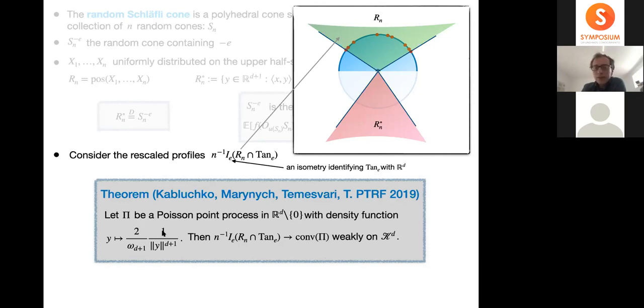It's a constant times 1 over the norm to the power d+1. So this gives you an infinite collection of random points. This is this Poisson point process. And if you take the convex hull of them, this will be a polytope. This weak convergence will take place in the space of compact convex subsets with respect to the Hausdorff distance.